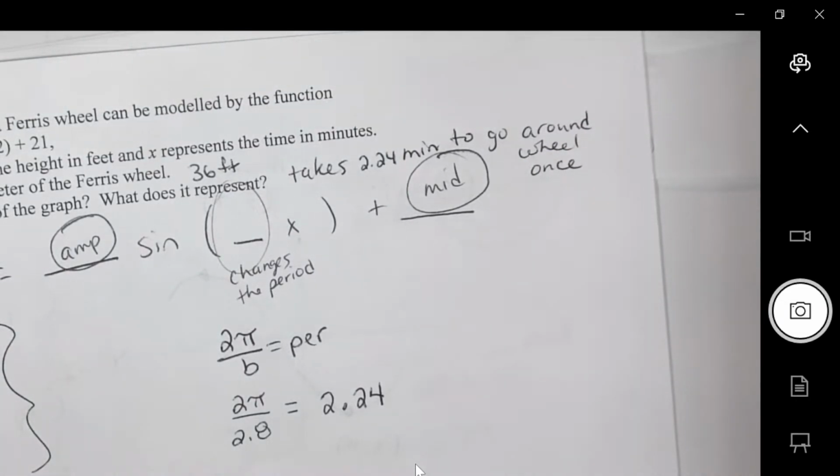That's what that's meaning. That's how long it's going to take you to go around the Ferris wheel. Okay?